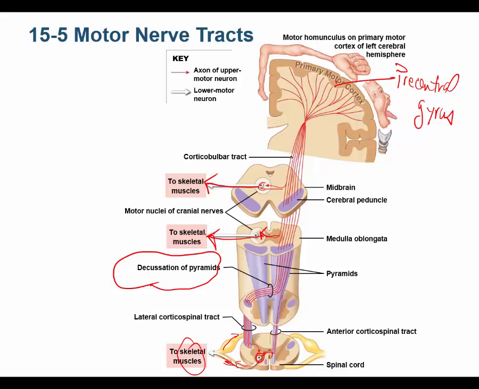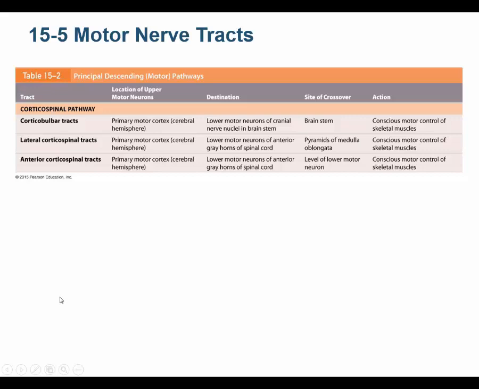These are going to be the cranial nerves that have motor function and go out to skeletal muscles of the head and neck and tell them what to do. They go out prior to the decussation of the pyramid, so they decussate and leave before that. All right. So that's the basic pattern of these lower motor neurons.